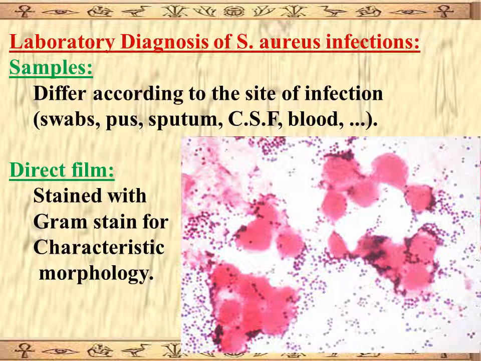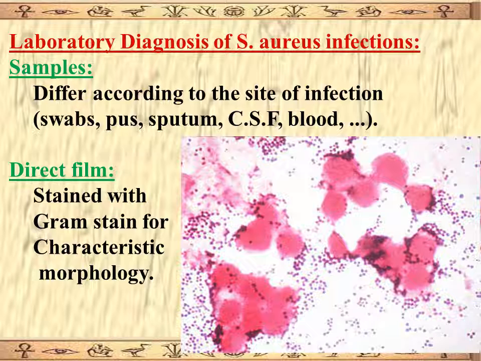The first step for the sample is to carry out a direct film. We said before that the direct film can be carried out stained and unstained. Unstained is to detect motility, and as we said, staph is not motile, so there is no need for the unstained direct film in this case. We depend on the stained direct film.